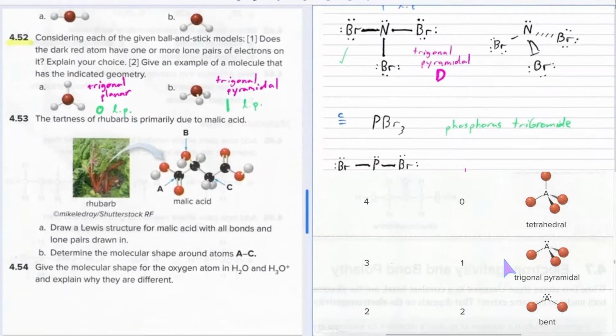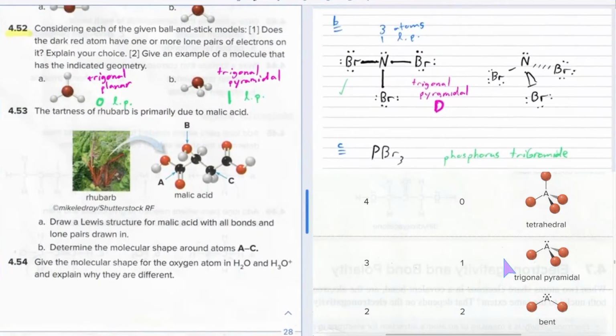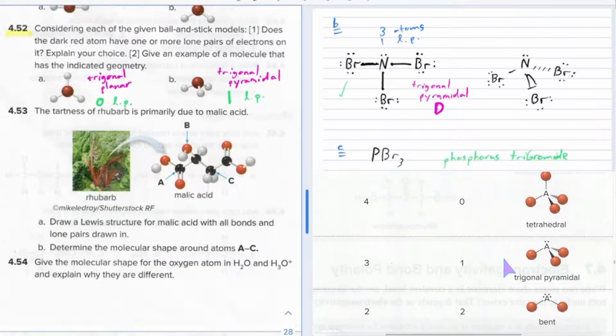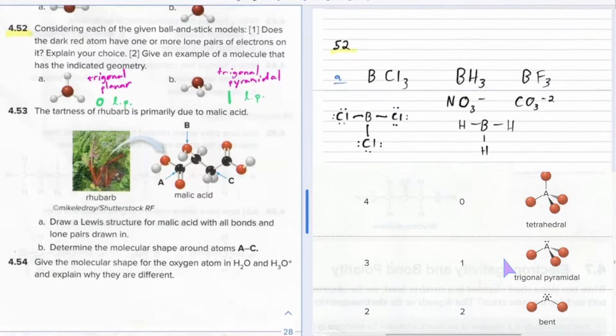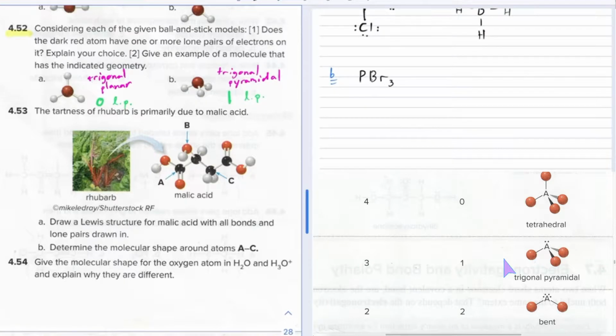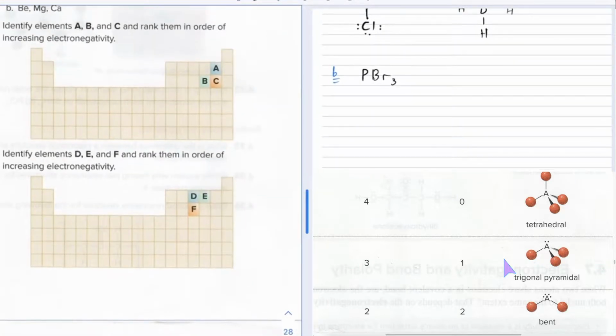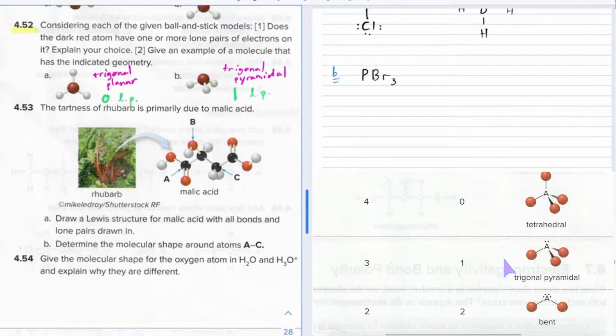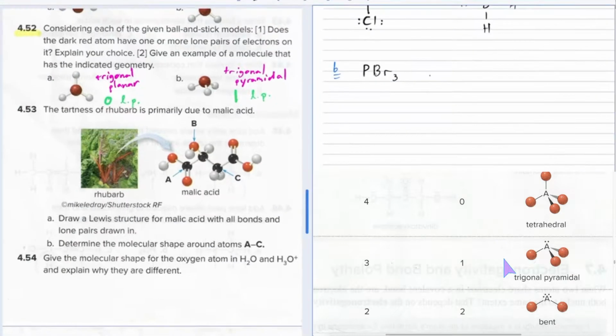NBr3 was also trigonal pyramidal. So let's write that down. There are many examples. A couple of ways to get examples: you have the same central atom, and you just pick other atoms that are in the same column as bromine, and they'll bond just like bromine does.